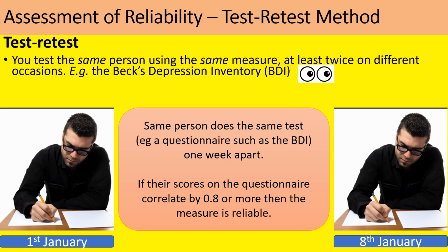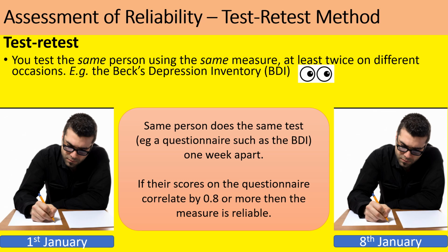On the spec, it talks about assessment of reliability. So there are two ways: test-retest, and inter-observer. We'll look at test-retest first, and that is usually used on questionnaires. So you can see here we've got the same guy completing the same questionnaire one week apart. He does it on the 1st of January and the 8th of January, and he's completing the Beck's Depression Inventory, or the BDI.